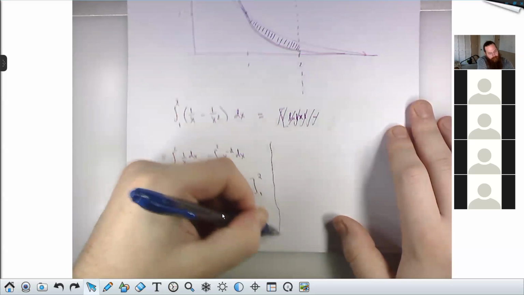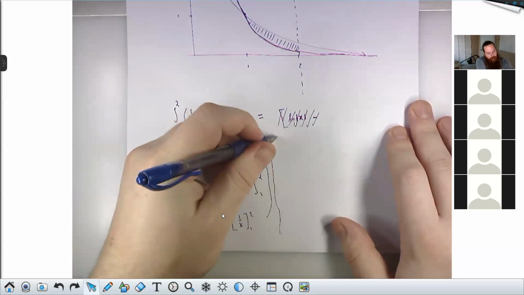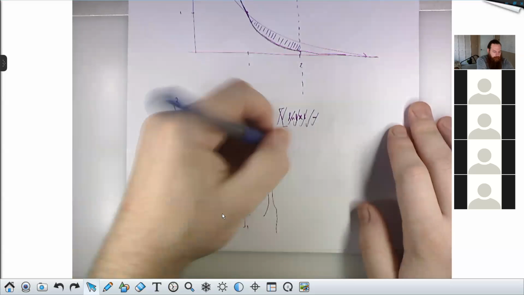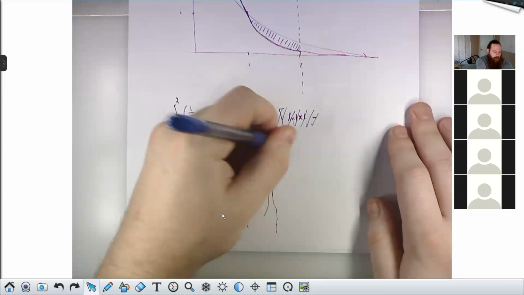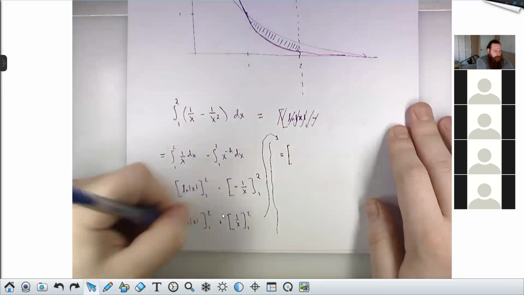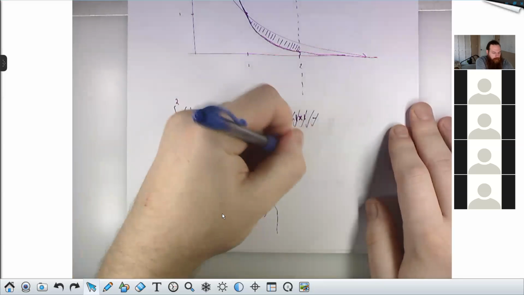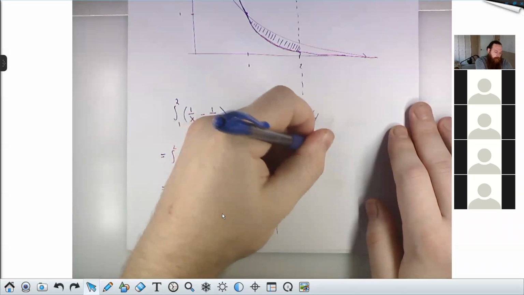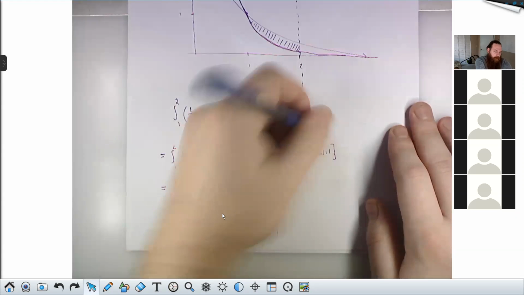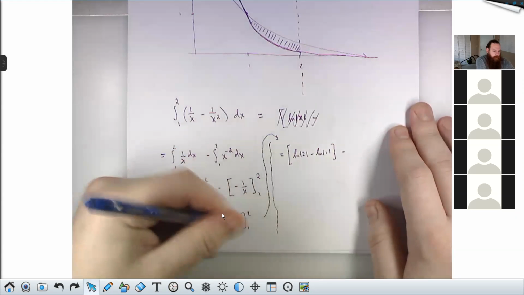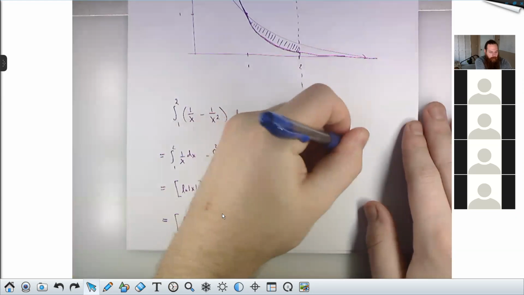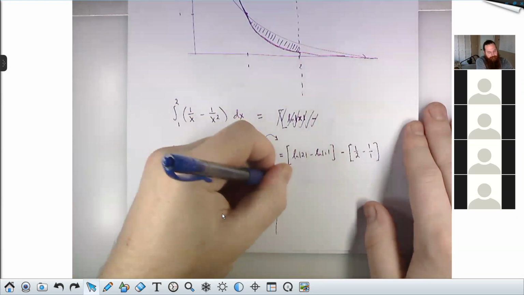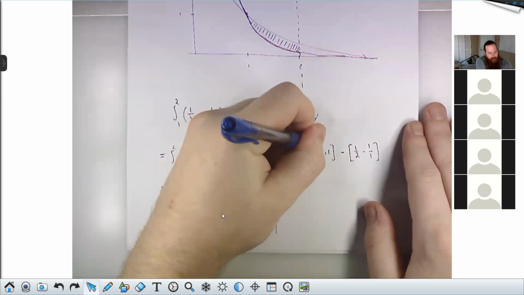And I'll give myself a little dividing line here and say, all right, we're going to come back up over this way. When we get to doing our evaluation, I'll plug in the upper bound and then subtract what I get when I plug in the lower bound. So this will be ln absolute 2 minus ln absolute 1, plus 1 over 2, minus 1 over 1. What's the ln of 1?